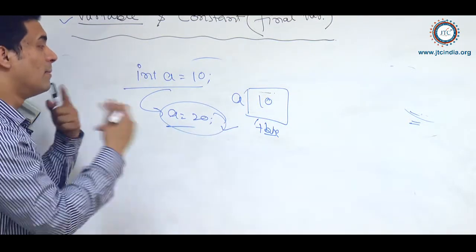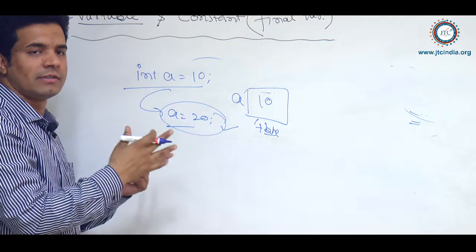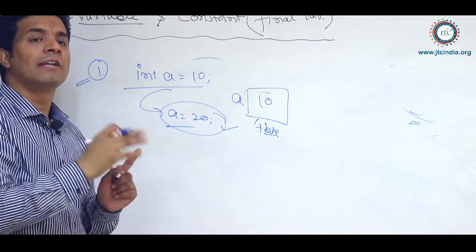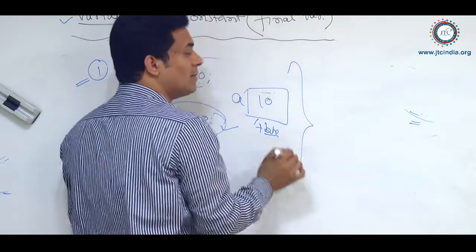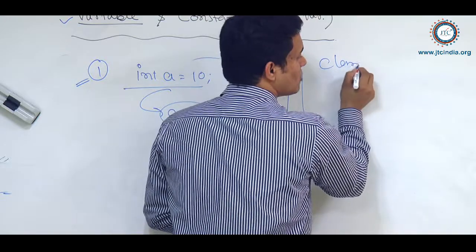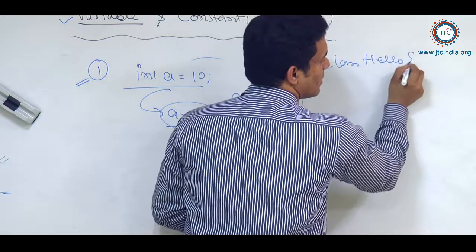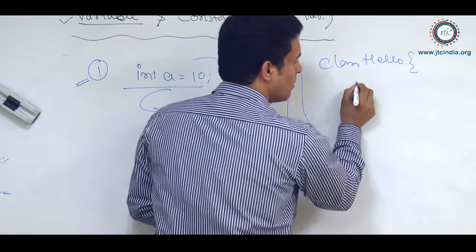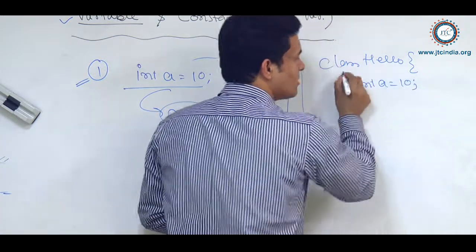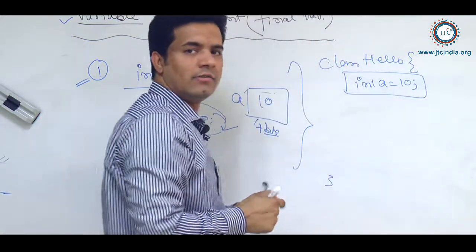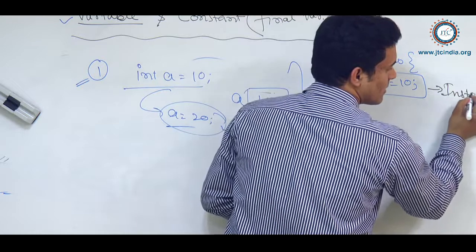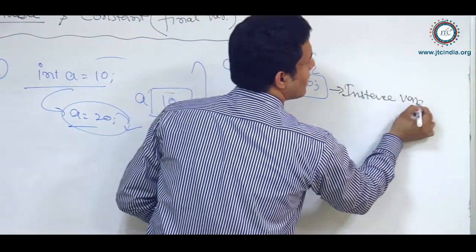So the value of this could be changed. It is a variable I am talking about. I am not discussing here the types of variables. What are the different types of variables? When we talk about class level variables, suppose we are writing a class here, and I am declaring int a = 10, this variable we call an instance variable.